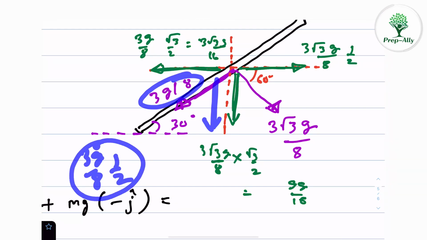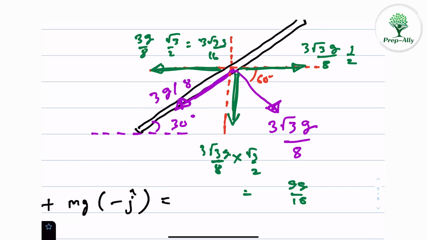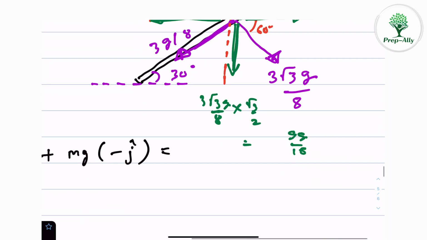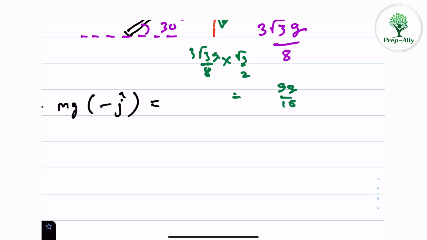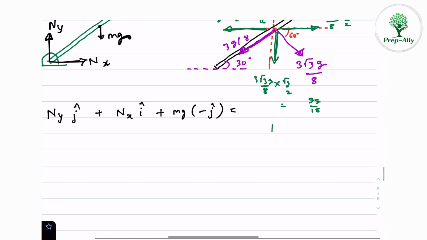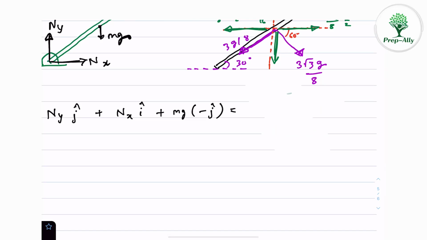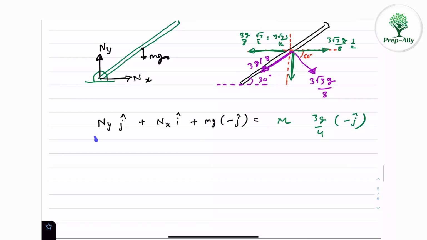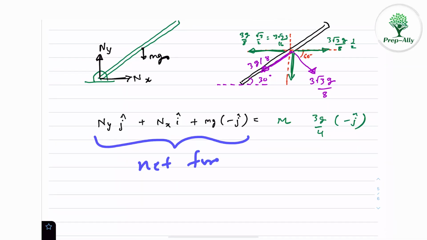Again 3g by 16. So total becomes 3g by 16 plus 9g by 16, 12g by 16, which means 3g by 4. So the net acceleration of the center of mass vertically is 3g by 4. I think we already calculated it. So net force is equal to mass into acceleration of the center of mass.